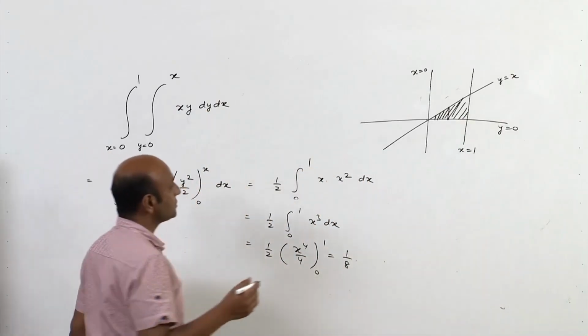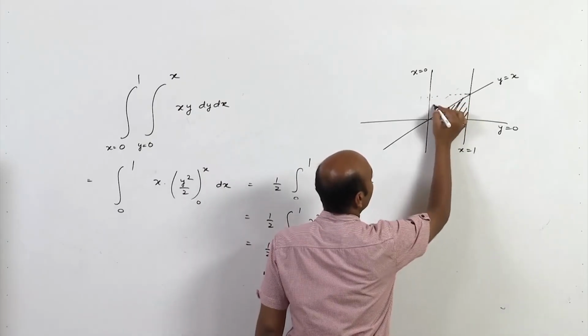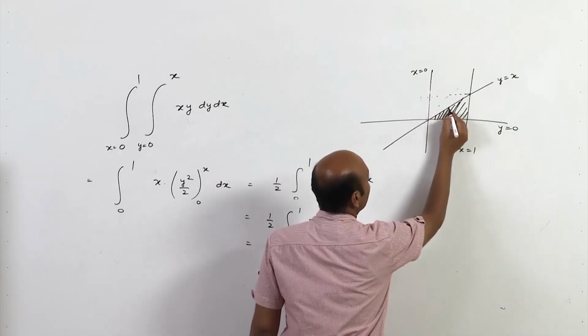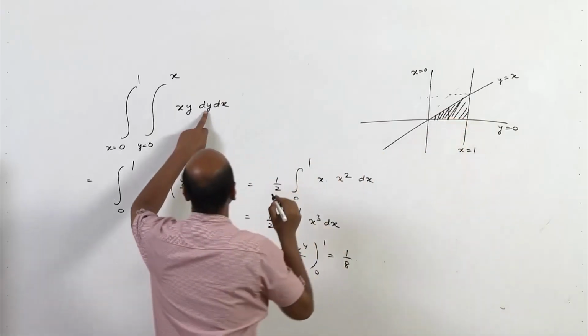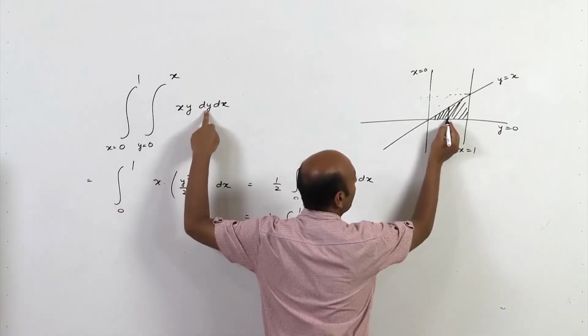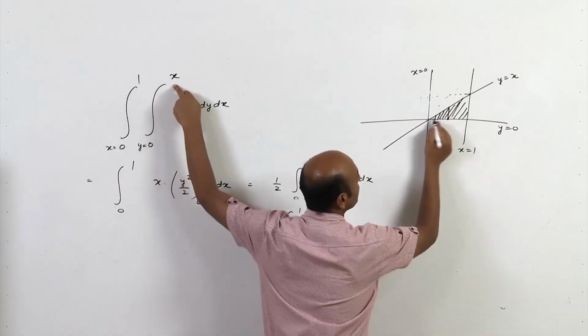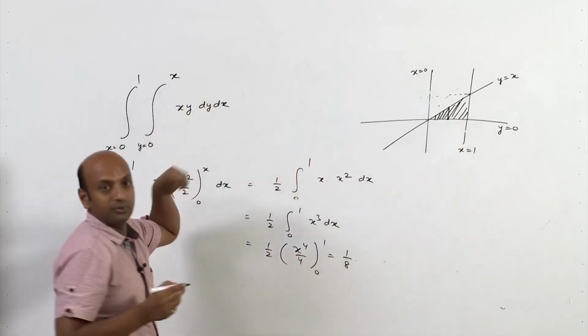Okay. In order to check whether this is this triangle or the above triangle, you take a strip parallel to y axis, because dy is there first. Now, here y is 0 and here y is x. So, here y is 0 to x and x is varying from 0 to 1. Okay.